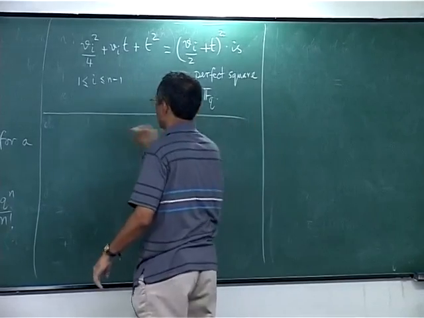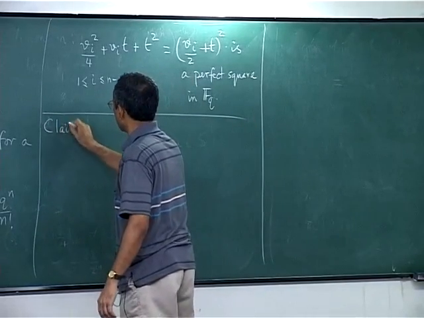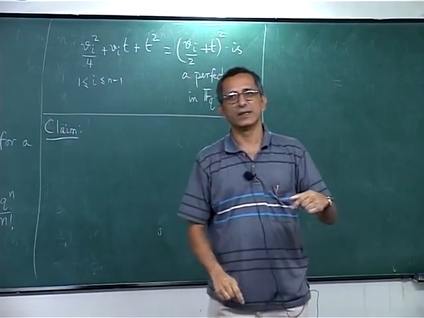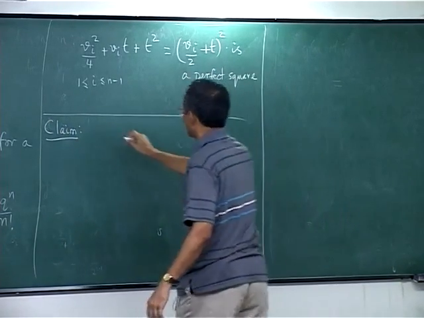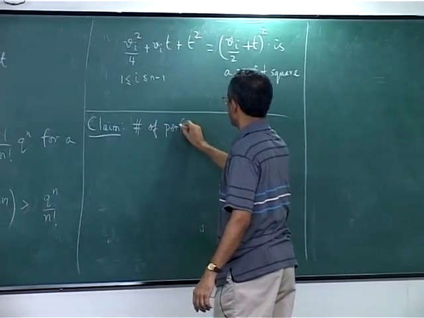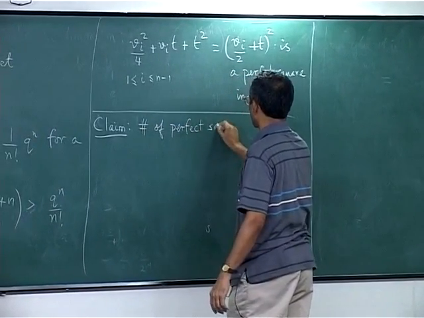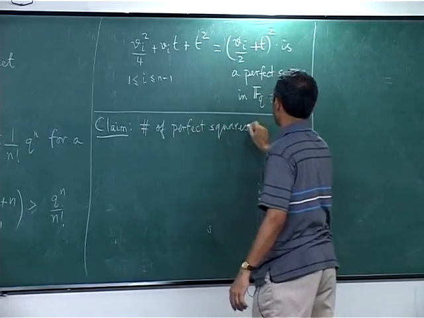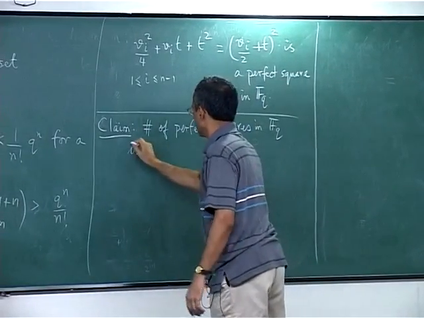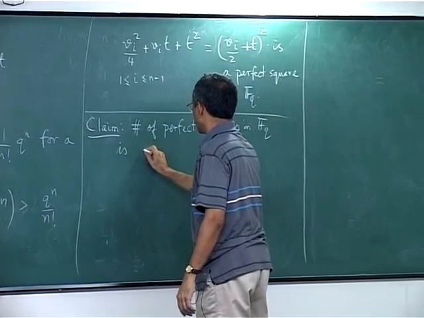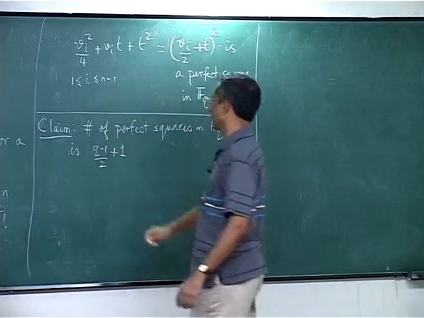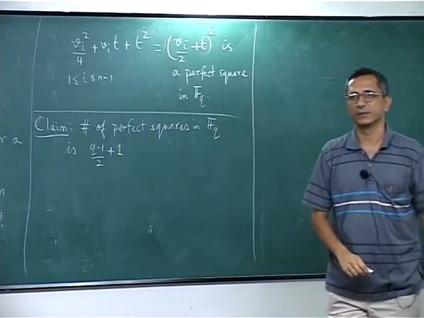So let us call it a claim. Let me write it down as a claim, and let us first see that once the claim is proved, then we are done. Claim is that the number of perfect squares in F_q is (q minus 1)/2 plus 1, exactly this much.